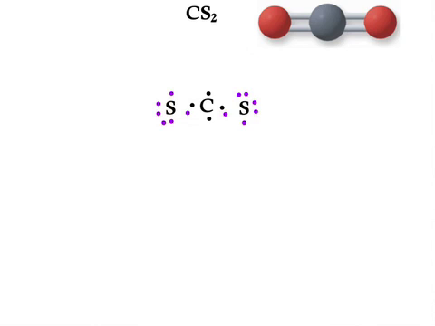Now let's see how they share. Well, the sigma bond is easy because the sigma bond is right here. The pi bond is a little bit more difficult. We still have a pair that's not shared, so these 2 would be shared, and then these 2.